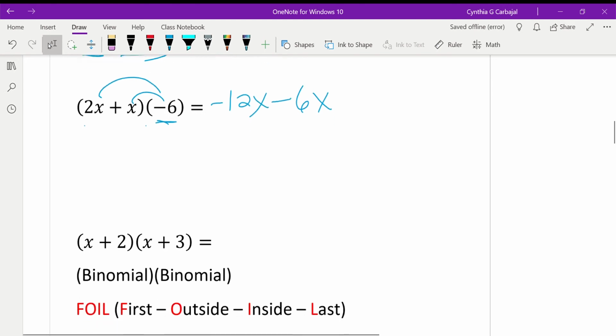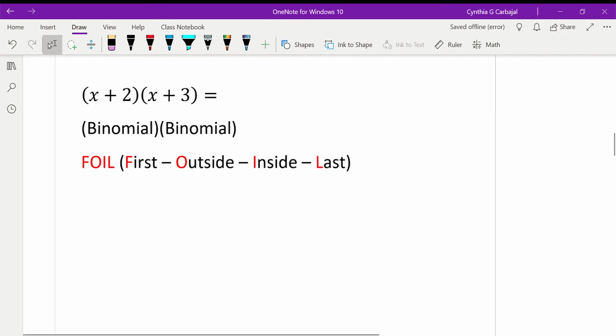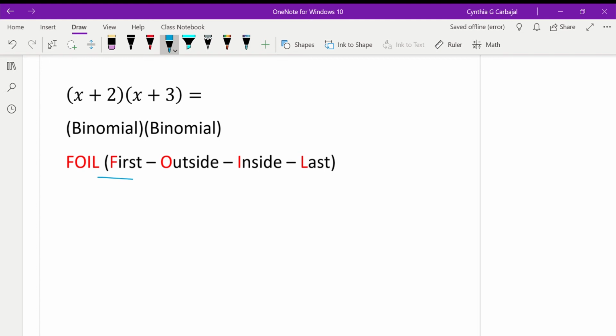Okay. Alright, the next one is multiplying binomials. This is called the FOIL method, if you remember. Okay, it's been a while. It's called first, outside or outer, inner or inside, and last. So if you look at this, the first one would be the first two terms in the parentheses. x times x is x squared. Then we would multiply the outside terms, which would be these two.